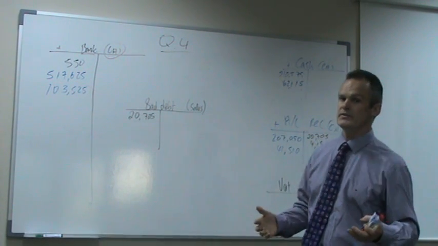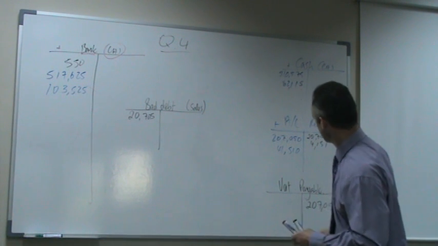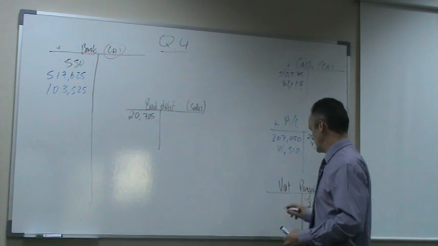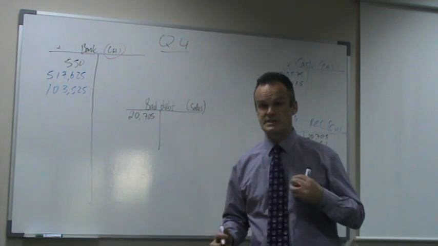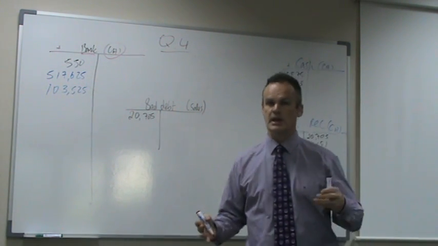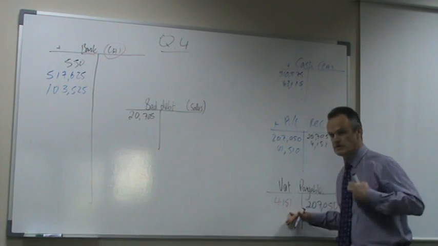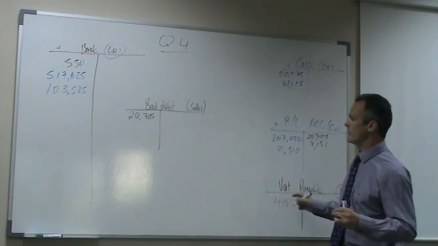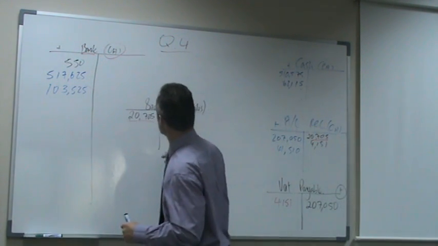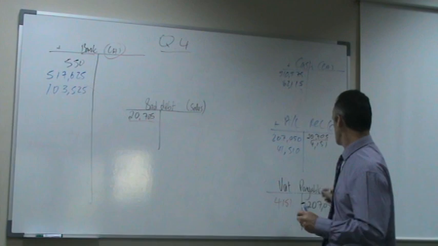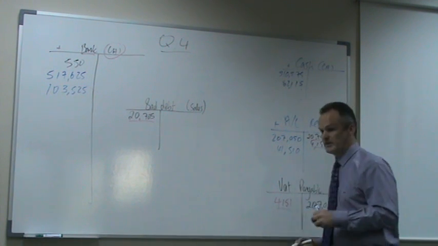Where did we account for the VAT for sales before? VAT payable. Simple idea being, if I'm not going to get the money, why would I pay tax on it? And therefore we simply can reduce our VAT for that amount. So this is it. The sales, the bad debt, we write off against the sales, and the VAT we write off against the VAT.